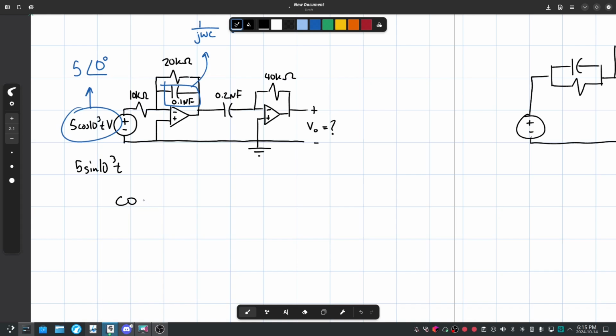Okay. What if it was cosine? I assume you meant 10 cosine t plus 90. That's just going to be an addition on top. So it's going to be 10, 0 because it's cos, plus 90.